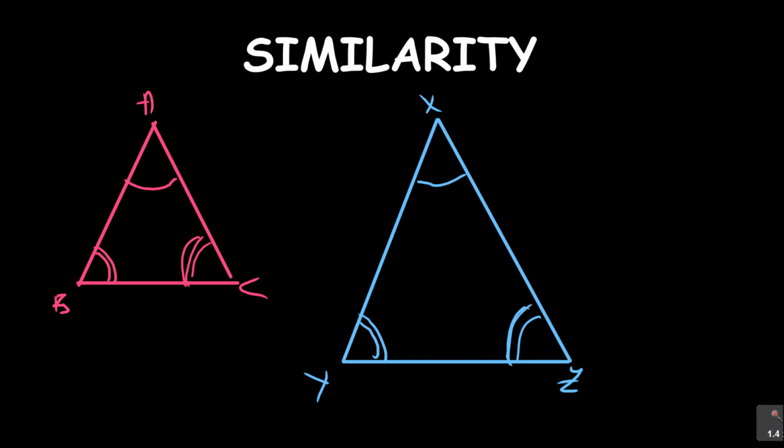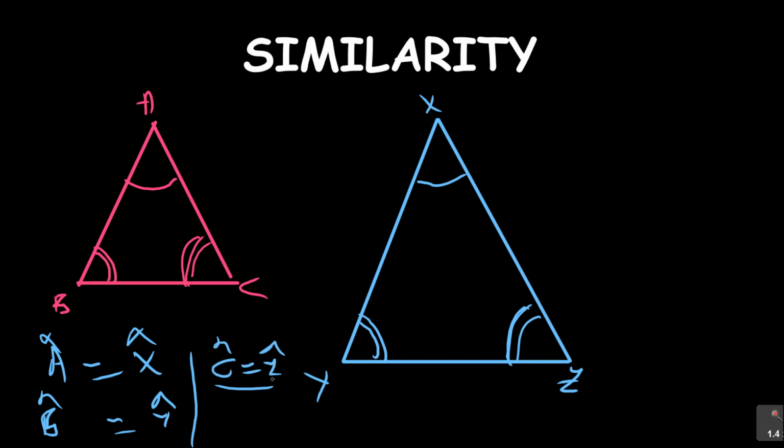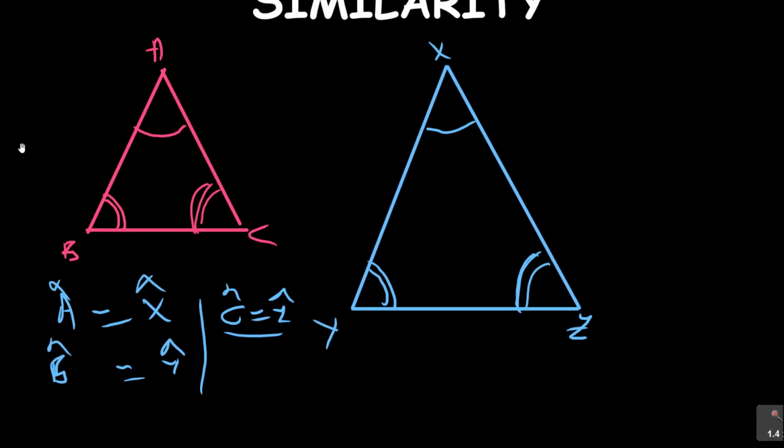So what are you getting? For congruency to be in place, angle A is equal to angle X, angle B is equal to angle Y, and angle C is equal to angle Z. That's congruency. Similarity, but what is it about similarity that you need to pick up?